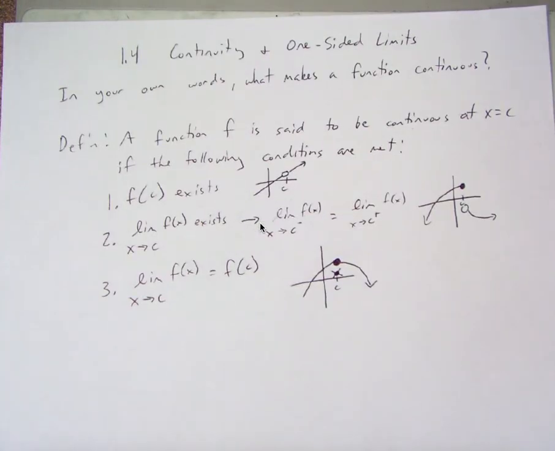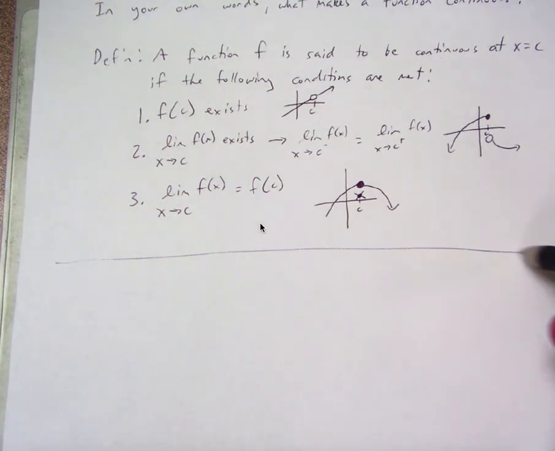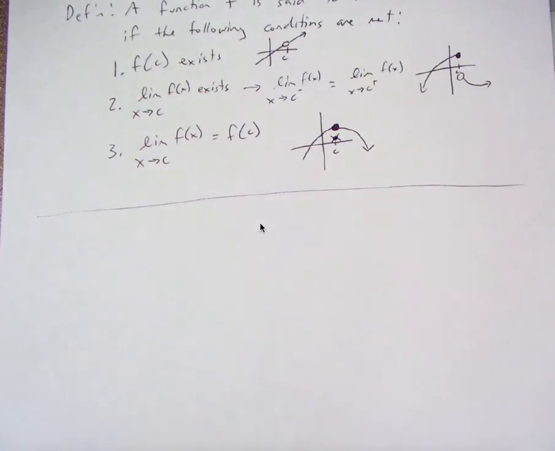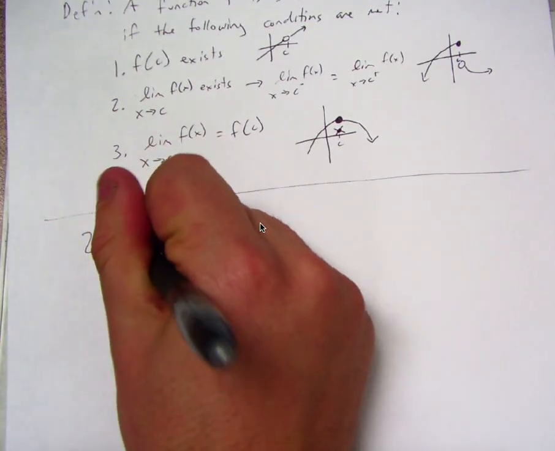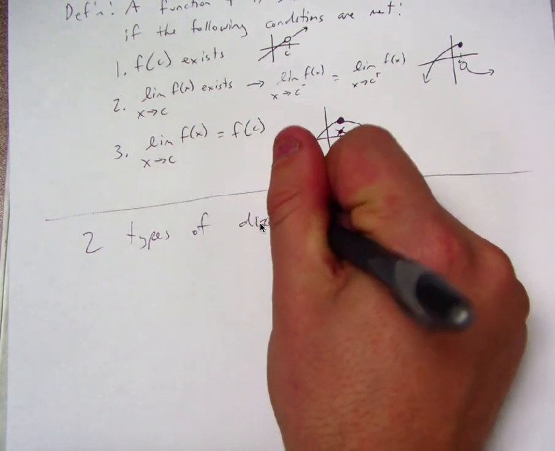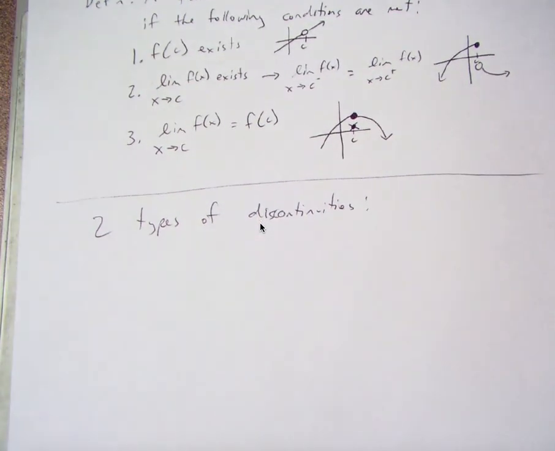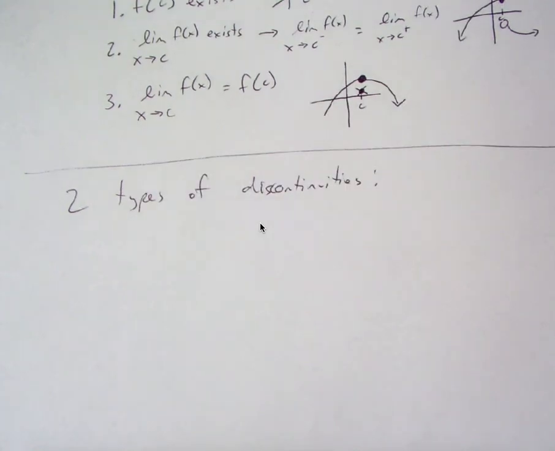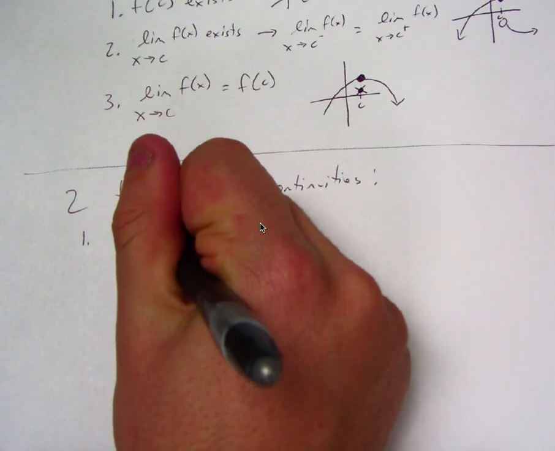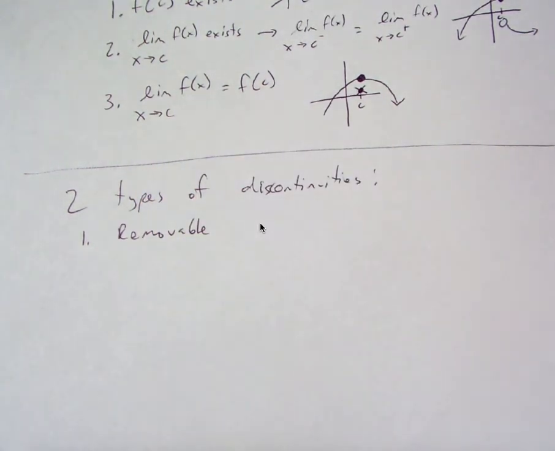So moving on, if a function is not continuous, there are said to be 2 types of discontinuities. Type 1 is said to be a removable discontinuity.